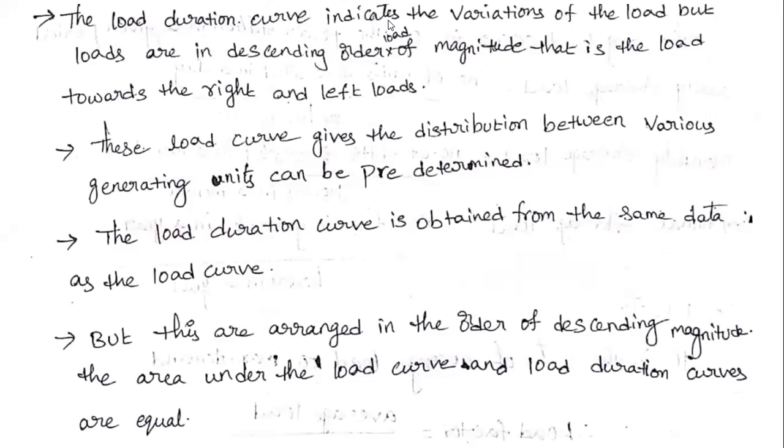The load duration curve indicates the variations of the load, but all the loads are in descending order of magnitude, with the larger loads towards the left and the smaller loads towards the right.